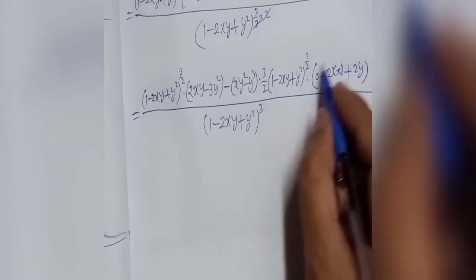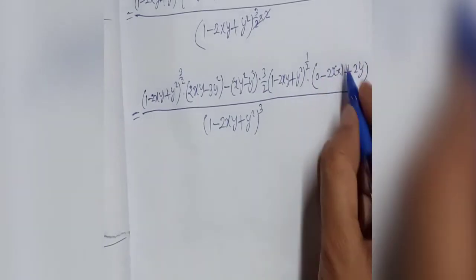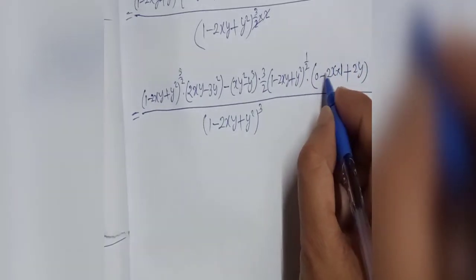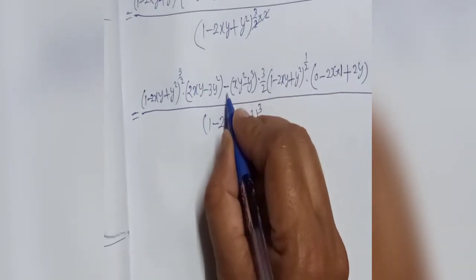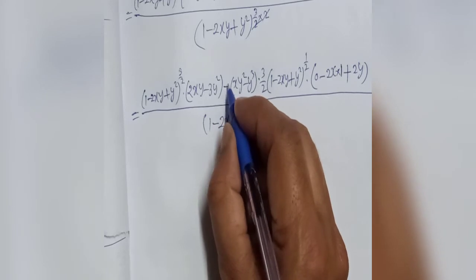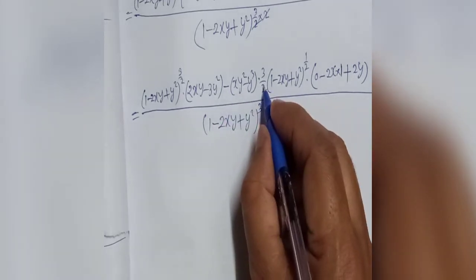We can take out minus 2 from this bracket, since this value will convert into plus.